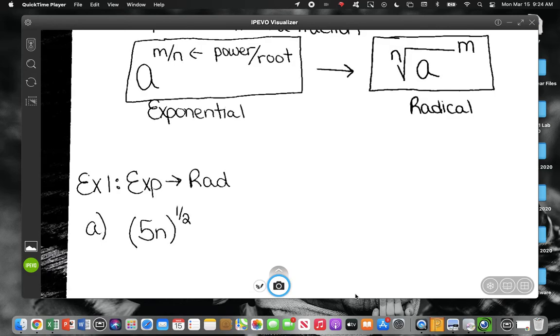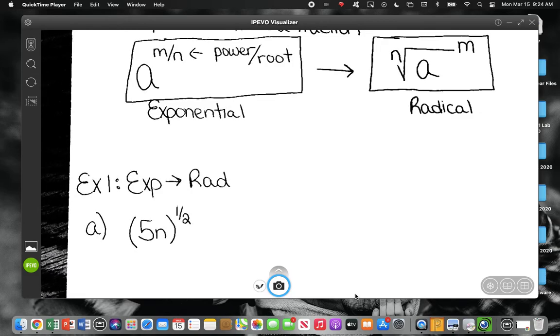So we are taking something to a power that is a fraction, and we just want to rewrite it with a radical. I will tell you, most of the time when you're simplifying, you want to write it in radical form. It's a little bit more helpful.